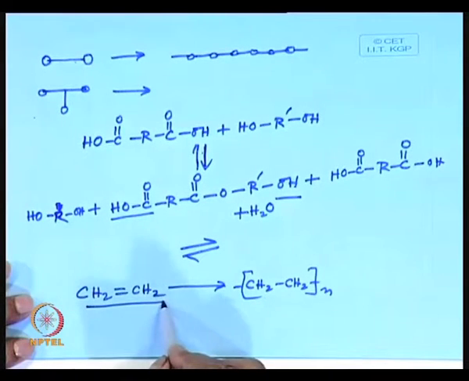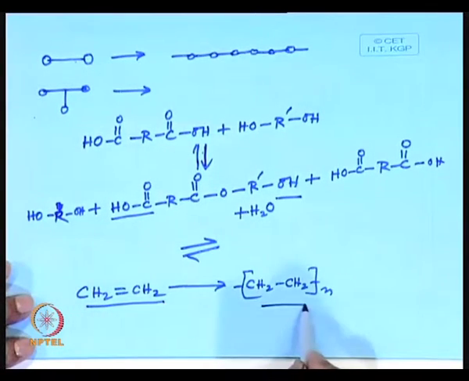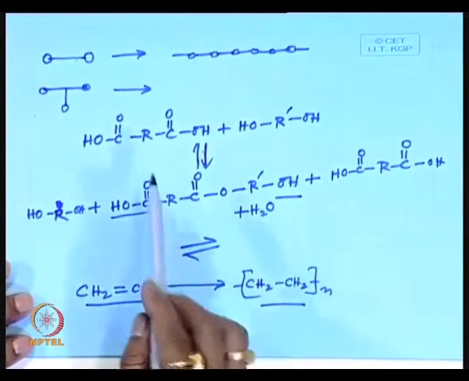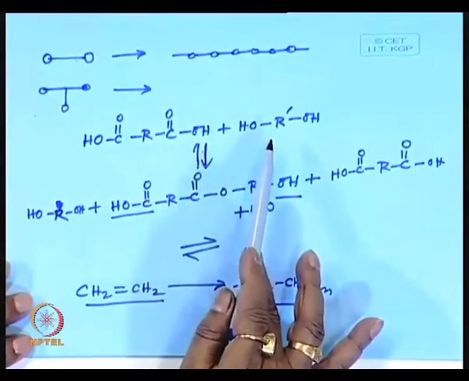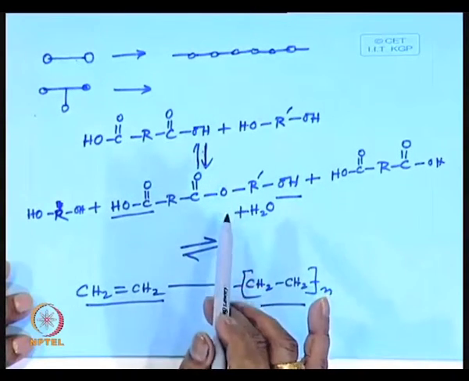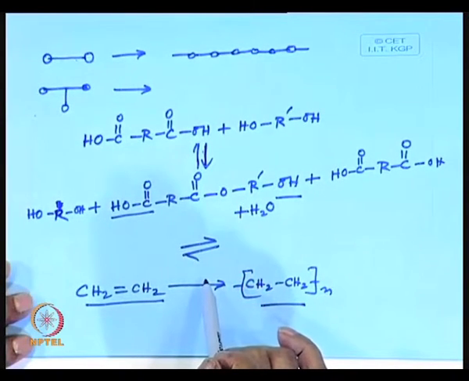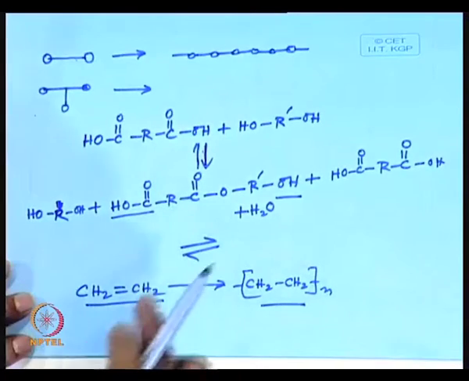Here we are considering this as monomer, this as polymer. Here we are starting with these two compounds, which one should we consider as monomer? What is the formula of the monomer then? Because as per the definition of the polymer, the monomer unit has to repeat a large number of times along the polymer backbone chain. So, what is the formula of the monomer unit in case of condensation polymer?